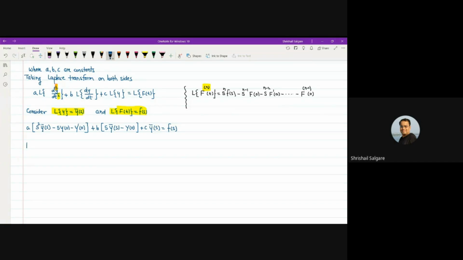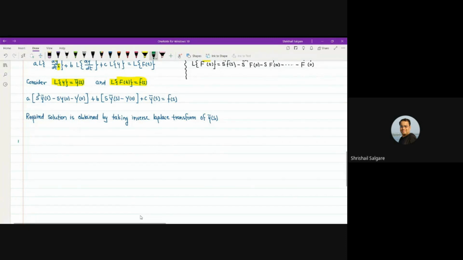Okay, the required solution is obtained by taking inverse Laplace transform of y bar of s. Okay, I will take one example, you will get more clear idea.